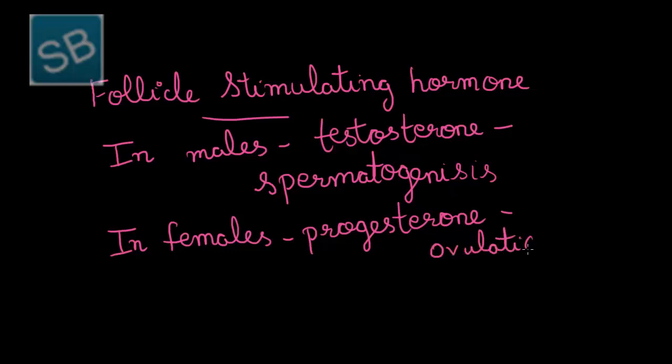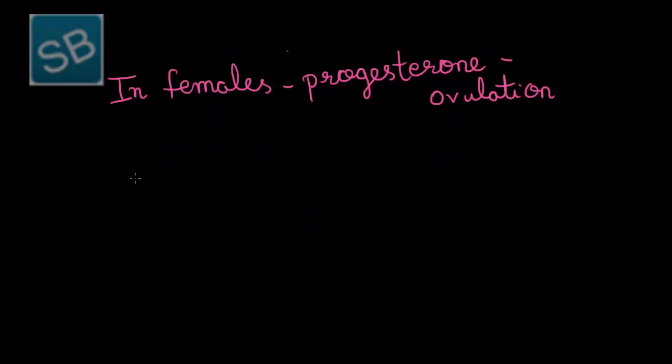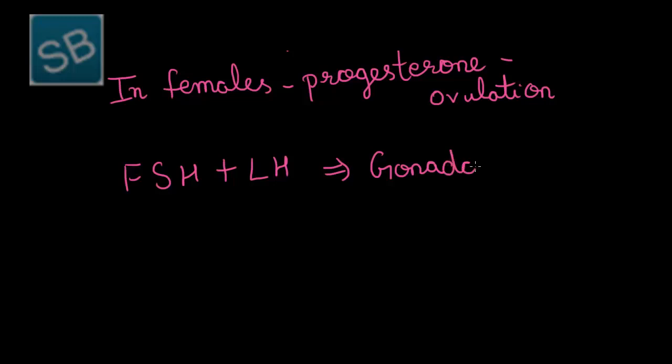These two sex hormones, that is FSH and LH, together combine to form gonadotropic hormone, that is GTH, which stimulates the production of sex hormone.